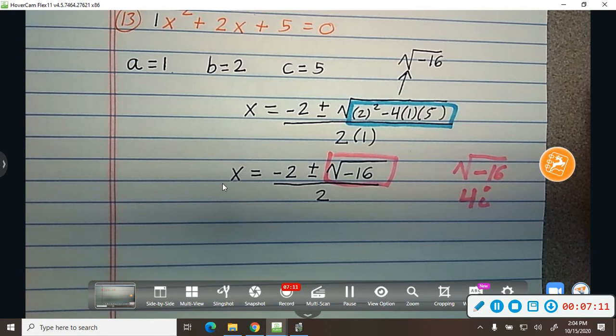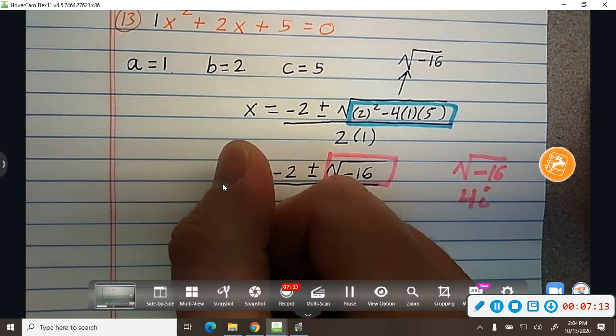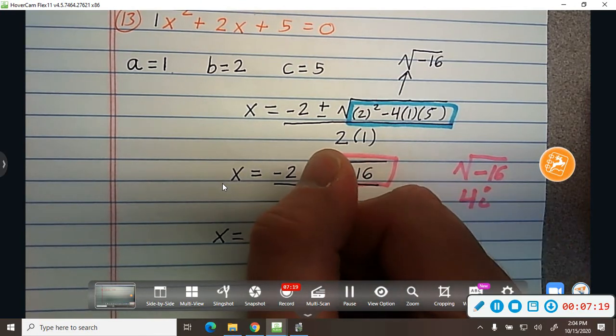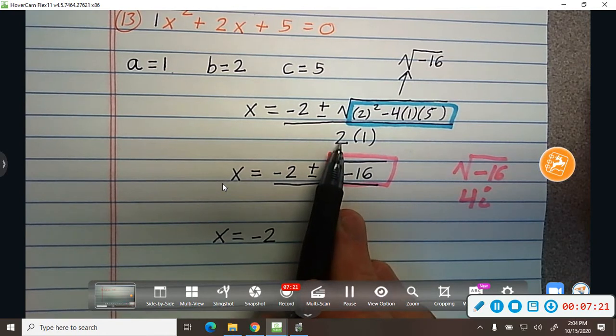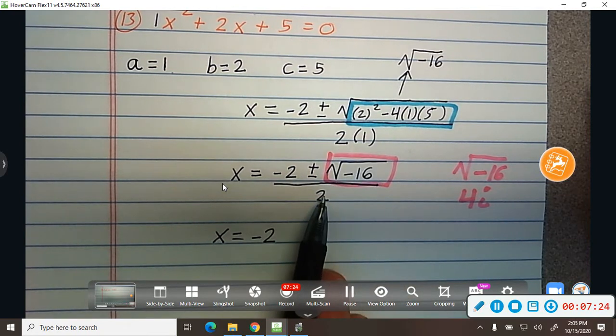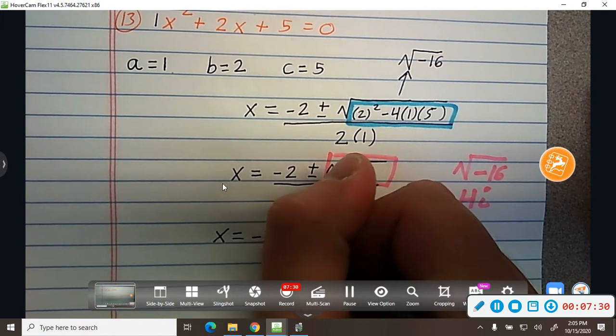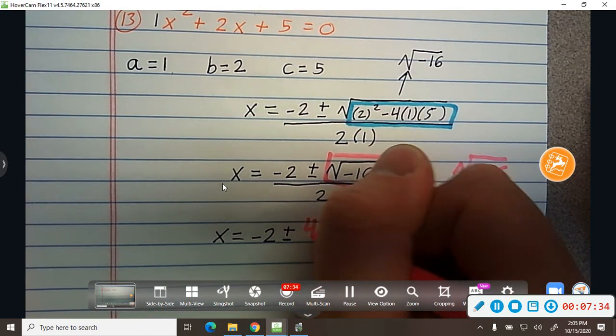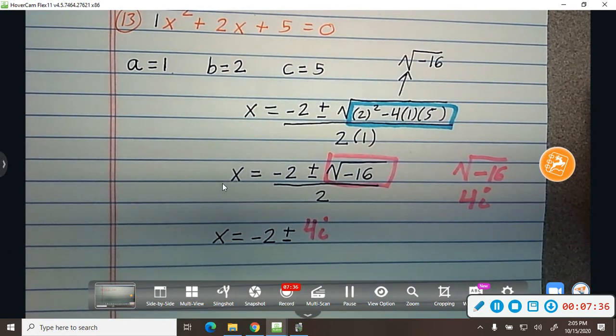So I get the solutions are, the x-intercepts are, the roots are, all mean the same thing, negative 2. And I forgot to mention I did do 2 times 1 to get 2. I went ahead and did that part. So I get negative 2 plus or minus 4i divided by 2.